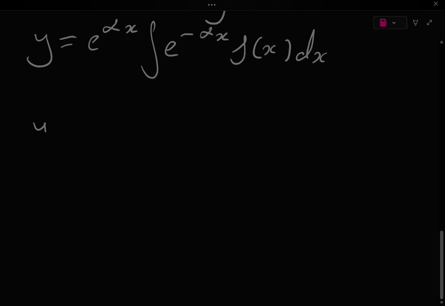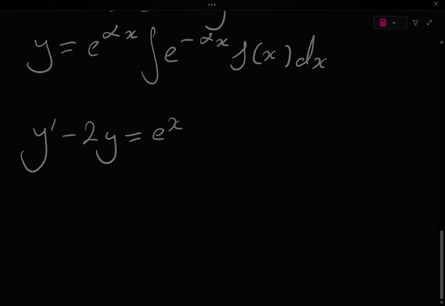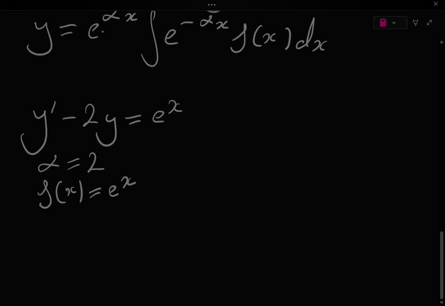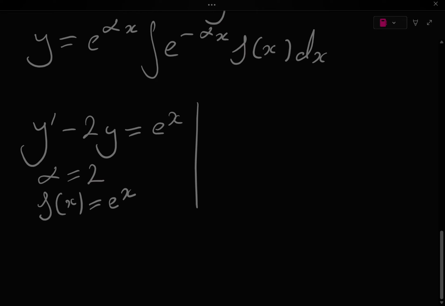Suppose we have y prime minus 2y equals e to the x. Now, to solve this, we've just got to substitute alpha equals 2, f of x equals e to the x, and we solve by performing this integration here.